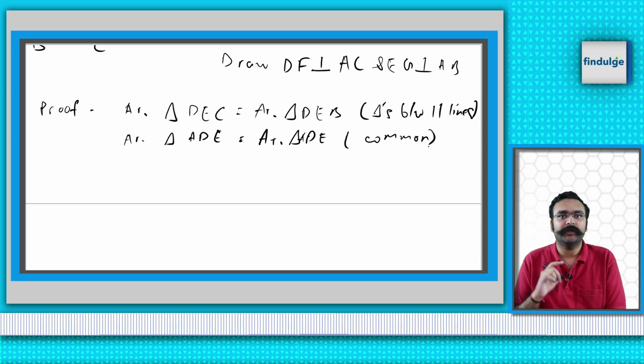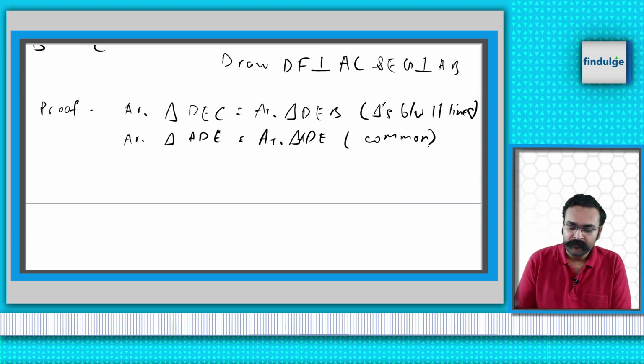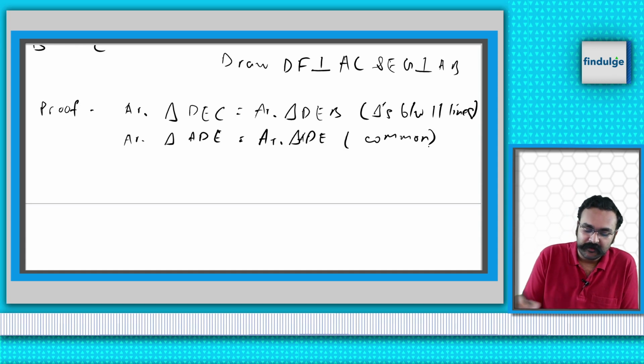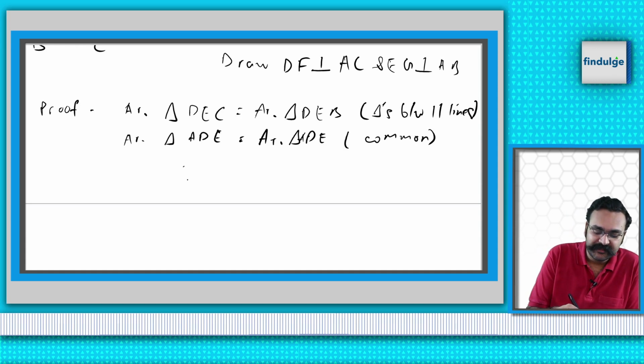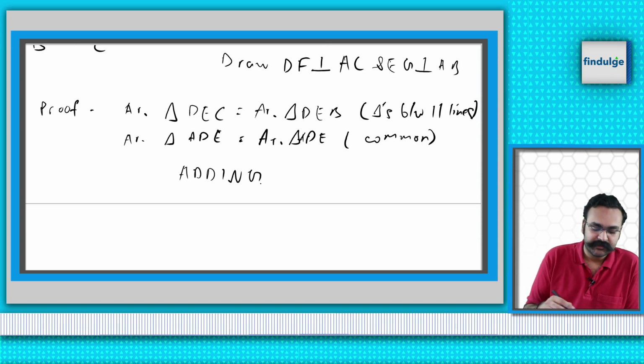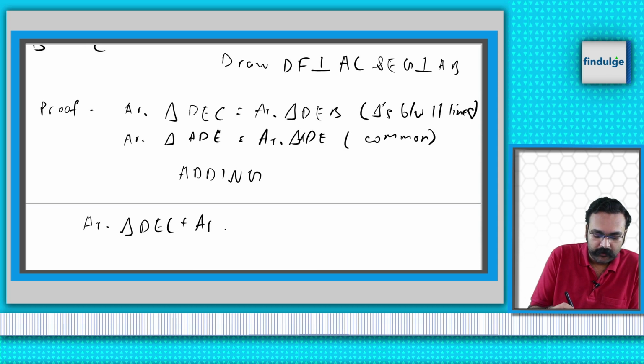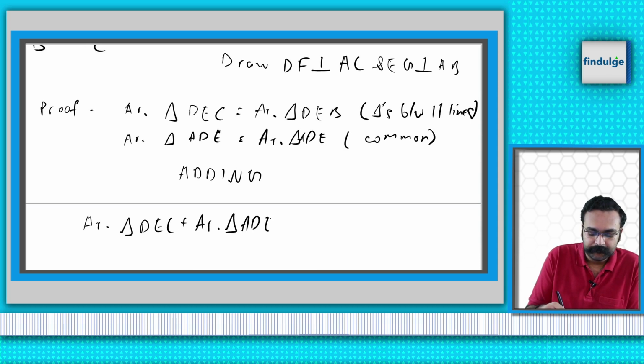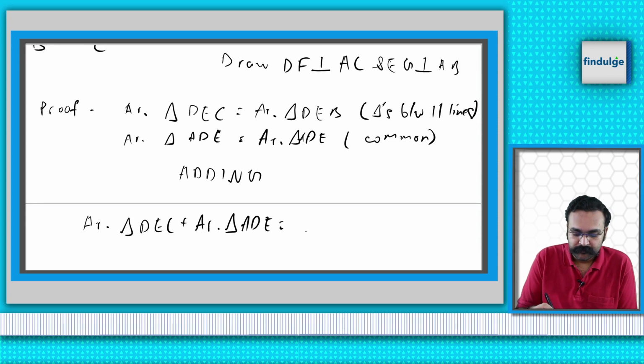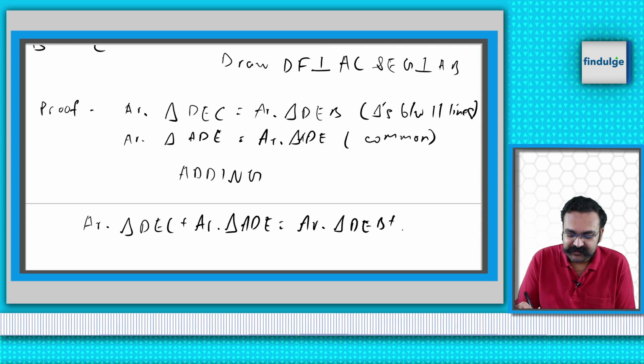Now the reason we're doing this will become clear to you. I'm going to write that we are going to add these two equations. So adding the above two equations, that means area of triangle DEC plus area of triangle ADE is equal to area of triangle DEB plus area of triangle ADE.